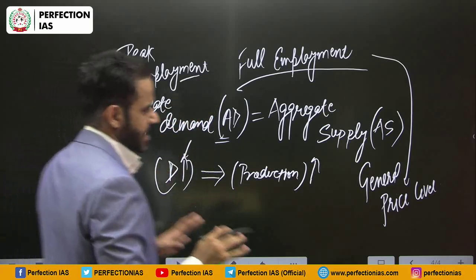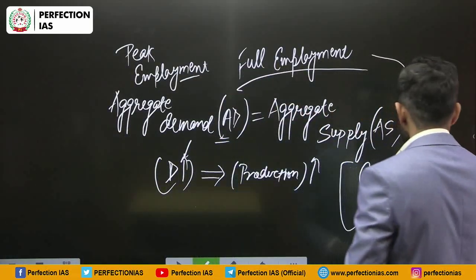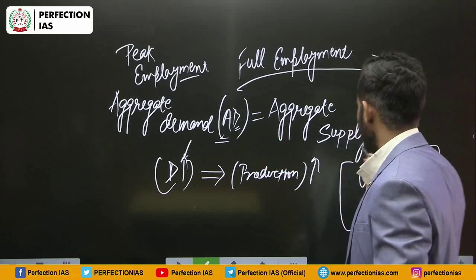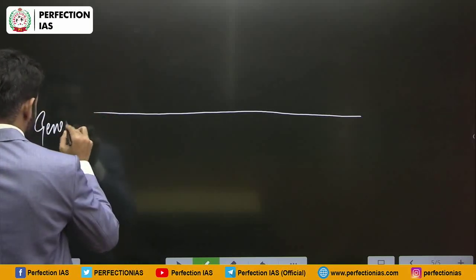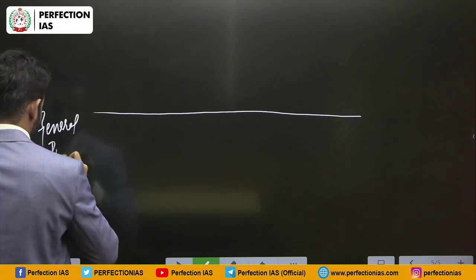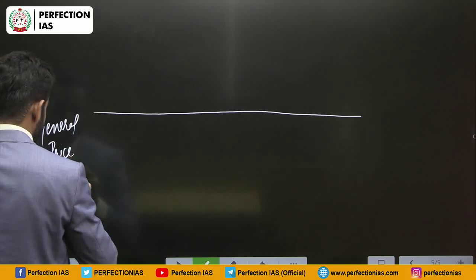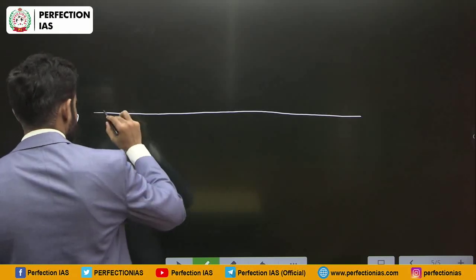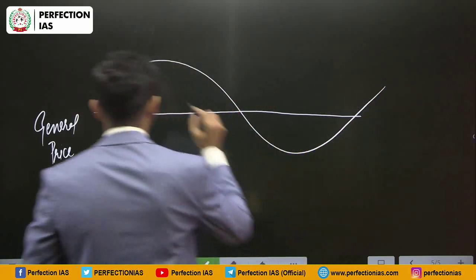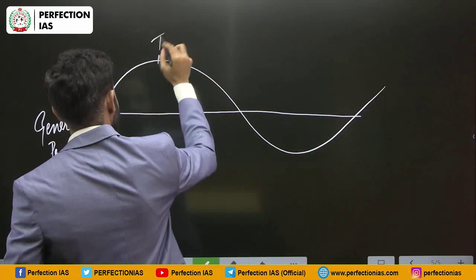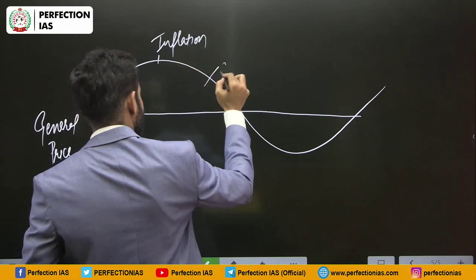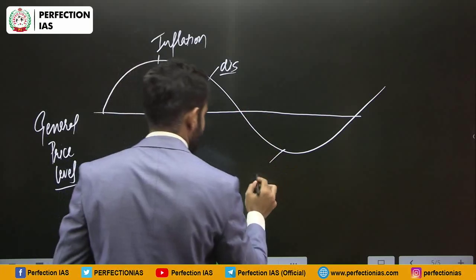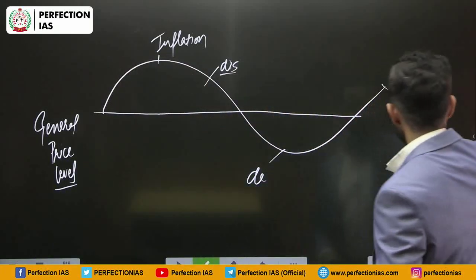Then why will it be a situation of general price level? Because both demand and supply are equal. So in general price level, this will be like this one. So this is the situation of inflation, this is disinflation, this is deflation, this is reflation.